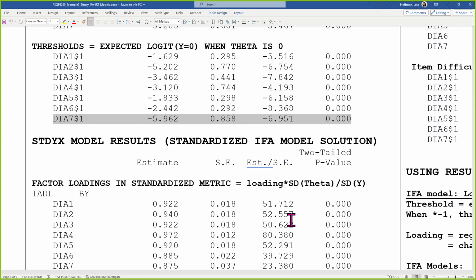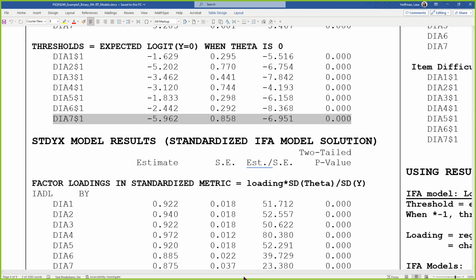So since thresholds are for zeros, then I would say that in order for someone to have a 50% chance of getting item 7 correct, they'd have to have a theta of about 6. That is the interpretation if this were a B difficulty. These are thresholds. And that's why you have to be extra brave, because this is very tricky.